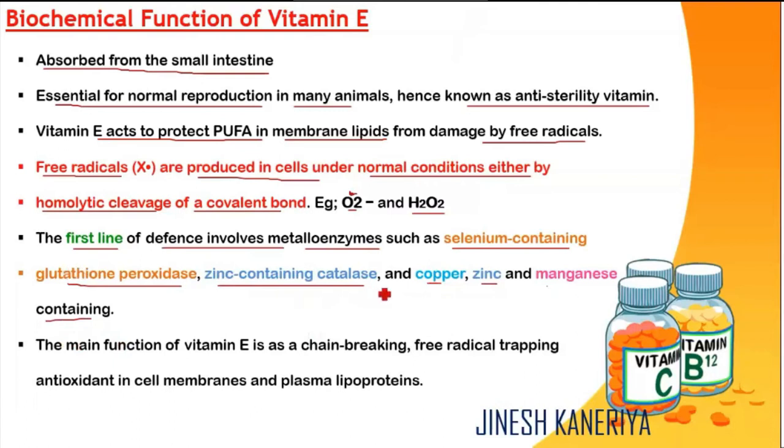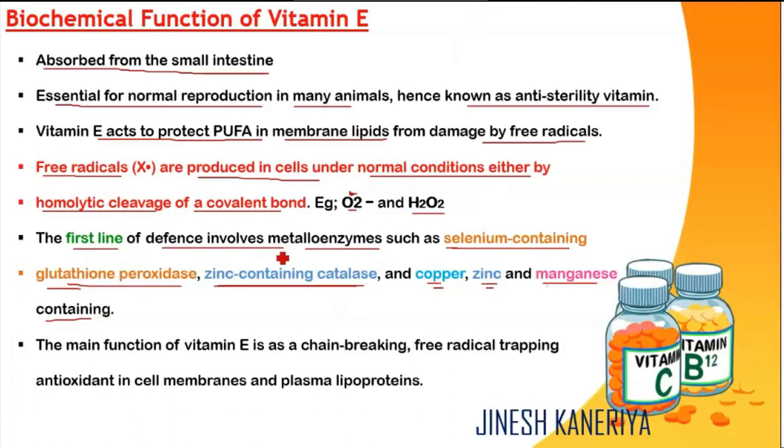Metalloenzymes are of many types: metal-containing enzymes, selenium-containing glutathione peroxidase, zinc-containing catalase, and copper, zinc, or manganese-containing enzymes. These enzymes give defense against any kind of abnormal condition.